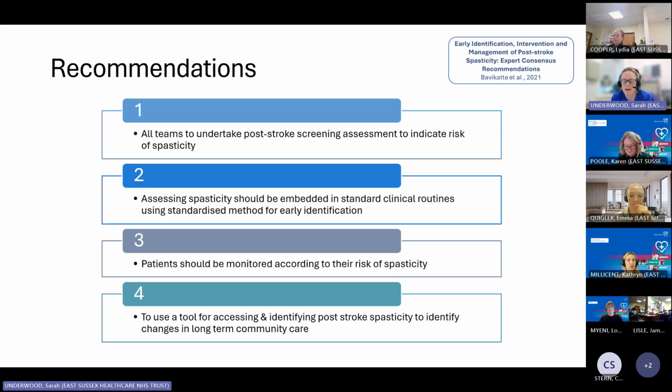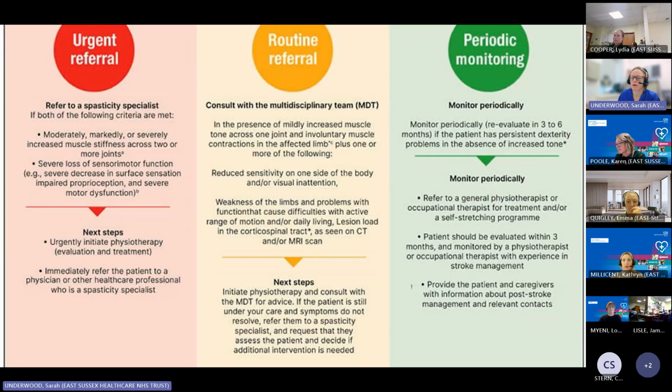We talked about those assessments as well, and what a spasticity assessment should contain. Patients should be monitored according to their risk of spasticity, and we should be using a tool to assess and identify post-stroke spasticity. And one of the tools that we shared with you was this, out of the same recommendations, is that patients who are at risk should have some sort of monitoring in place.